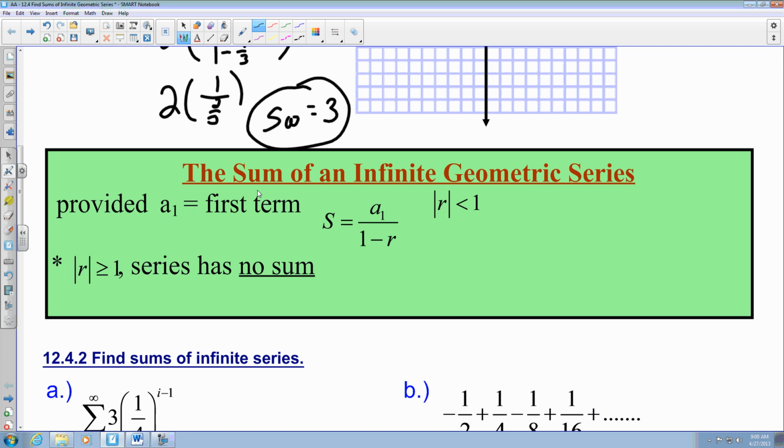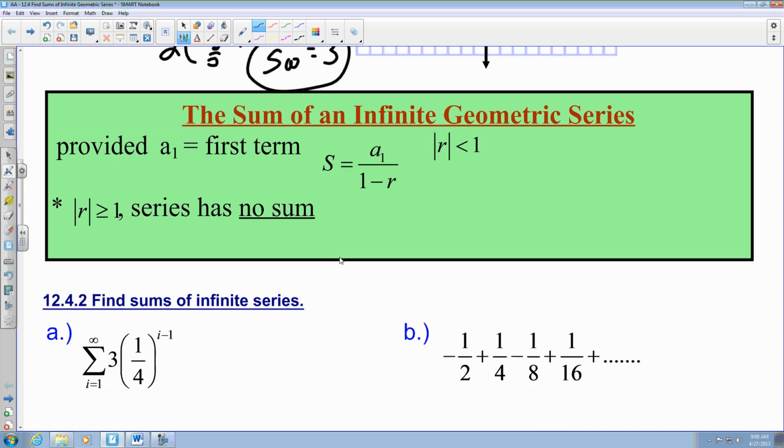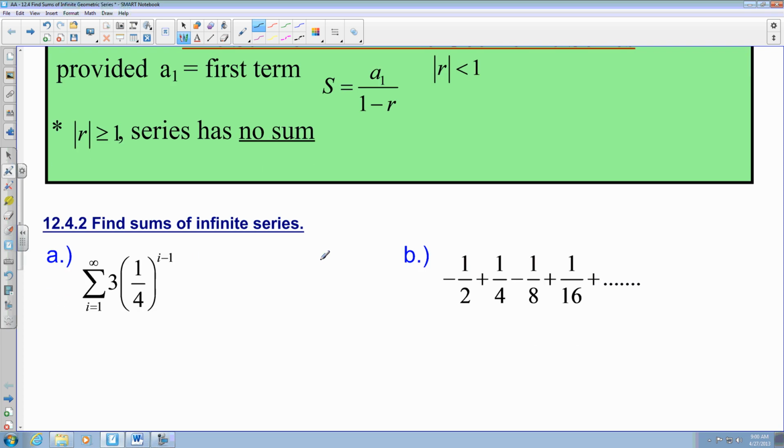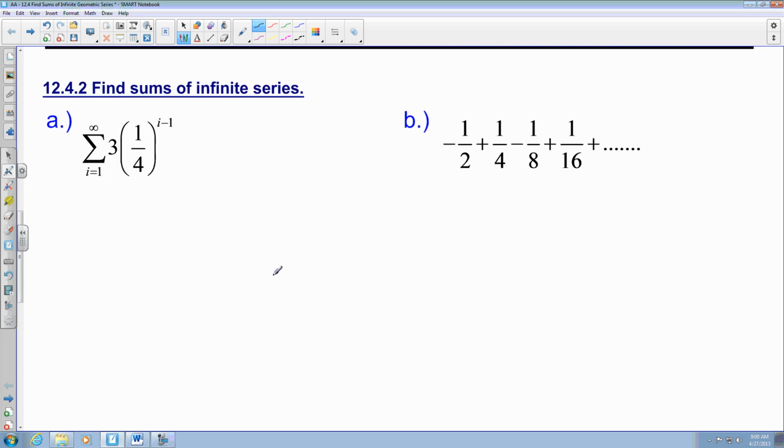If we find ourselves with an absolute value of r that's greater than or equal to 1, our series has no sum, it's just going to go on to infinity. So the only time we can use this formula is when r is a fraction between 0 and 1.